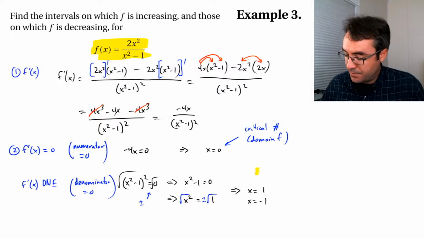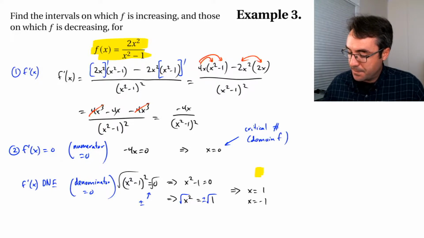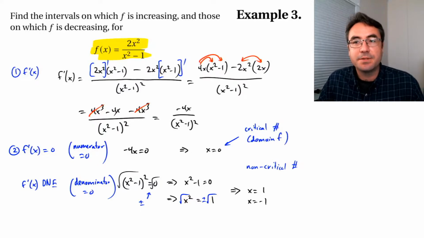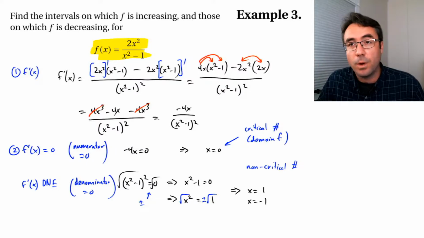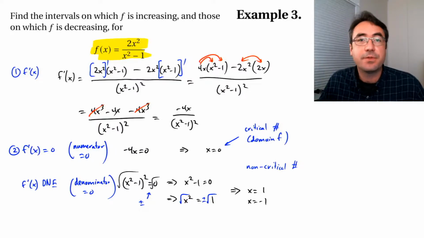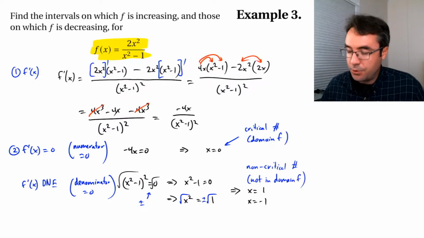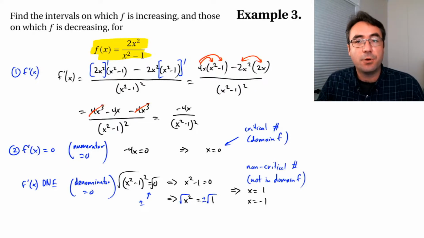But for these other numbers, 1 and negative 1, these are not critical numbers. They're close. They do meet some of the requirements, but they're not in the domain of that original function. If you were to plug 1 in, you'd get division by 0. That's undefined, so these are not in the domain. They're still important, but we do want to keep track of whether they're in the domain or not.